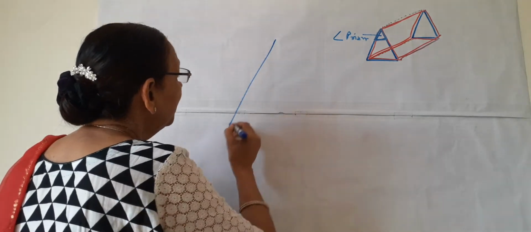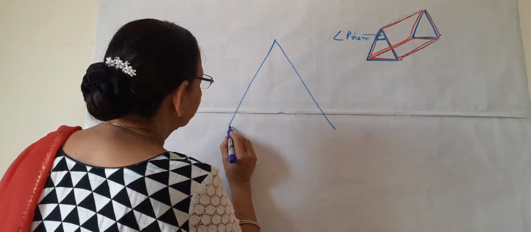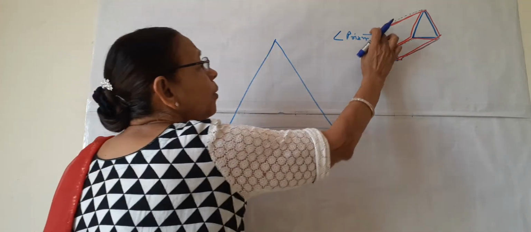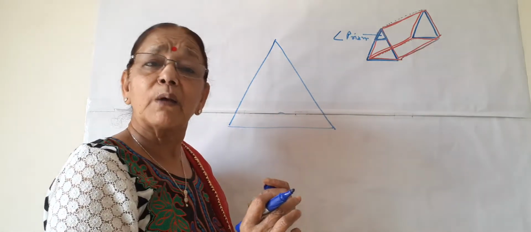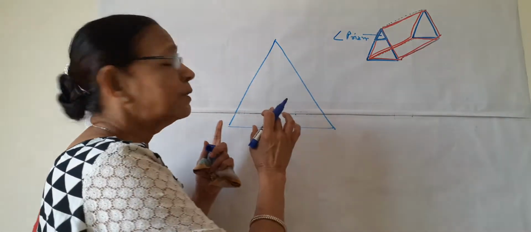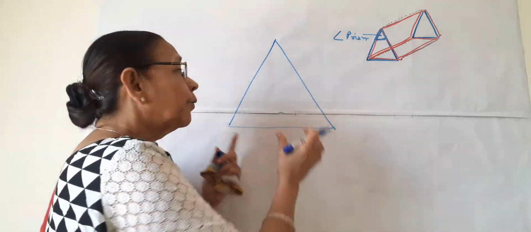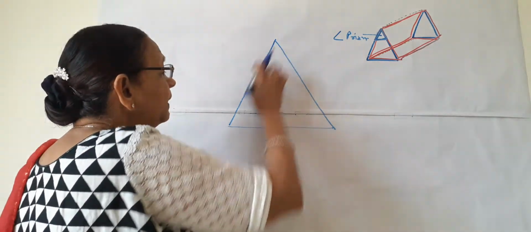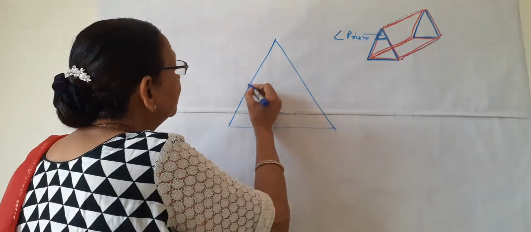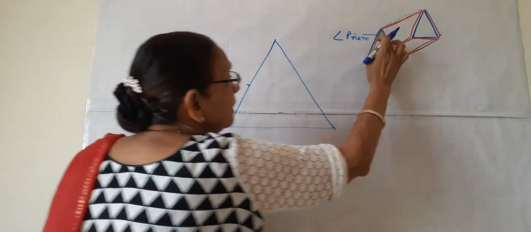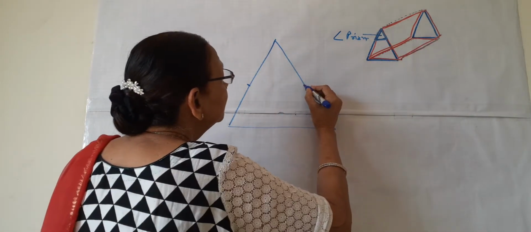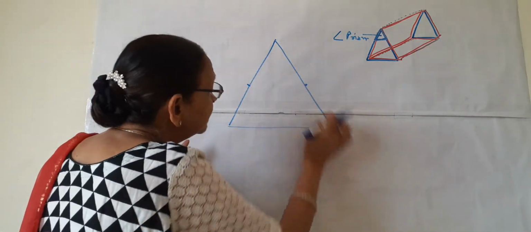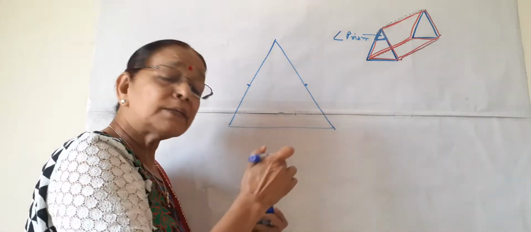So we have taken this prism and you have seen that I am taking only this triangular face of the prism. When we do experiments, we draw on paper, we do not take a three-dimensional figure. This interface is one of the rectangular surfaces, this interface is the other rectangular surface, and this triangle is the base of the prism.